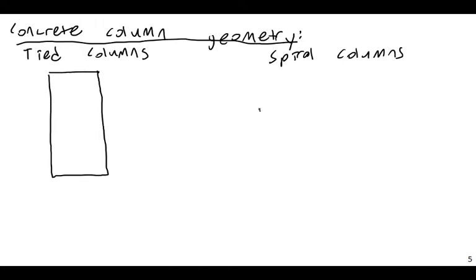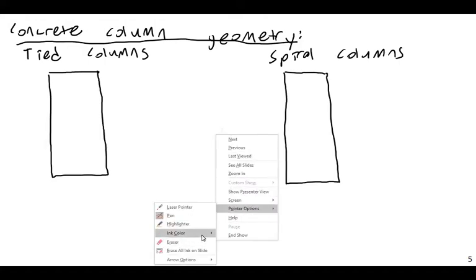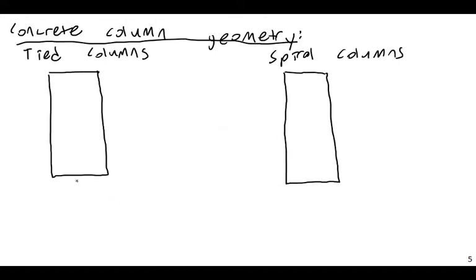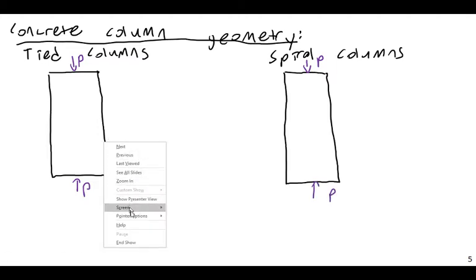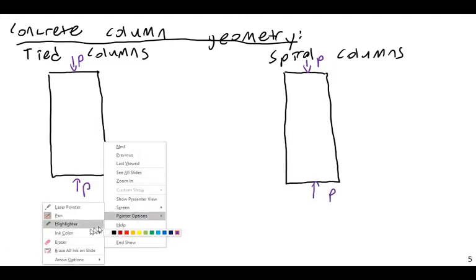So let me just draw out what the insides of both a tied and spiral column would look like. Then I'll show the forces applied. Both of these would be experiencing some sort of axial force, P and P. Now, the internal reinforcement is one of the major differences between these.